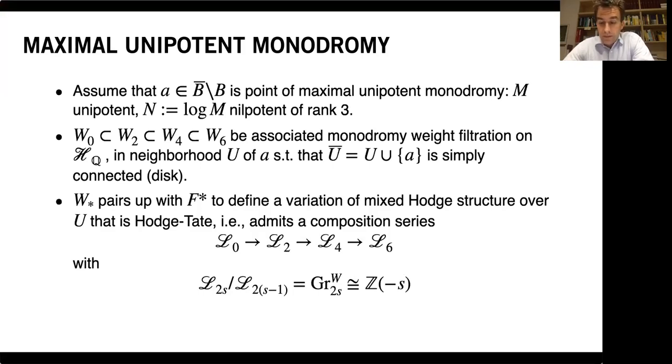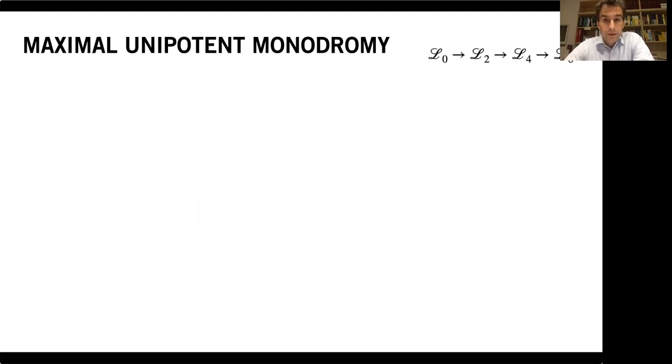That's what you have at the point of maximal unipotent monodromy, and what Deligne pointed out is that these functions that appear in mirror symmetry are just the data in this composition series. So there are two functions that are really intrinsic.